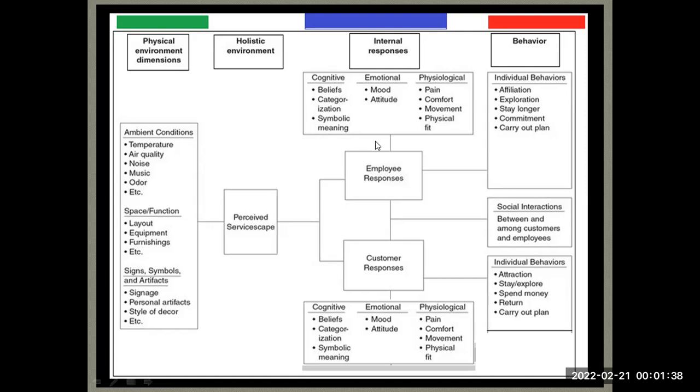Similarly, the customer will also have internal responses that we will discuss later, but first we will see how employees respond externally.